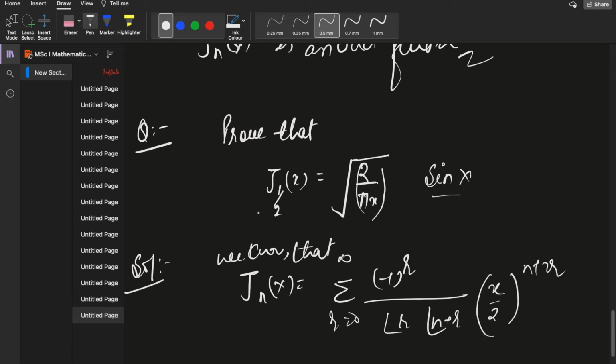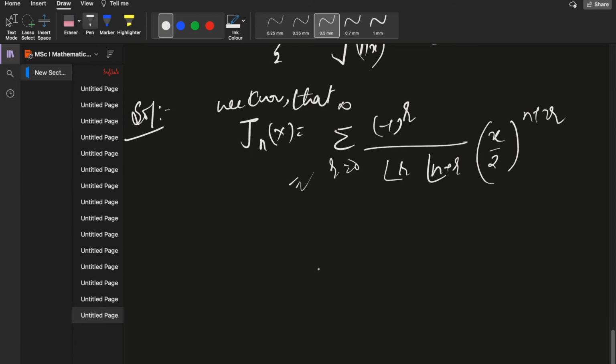So on the left hand side we can see there is some series, and on the right hand side we can see there is sin x. So sin x can be expanded in its series form. On the right hand side we need to maintain this series in terms of sin x. If you remember, in our previous lectures we have already expanded this.